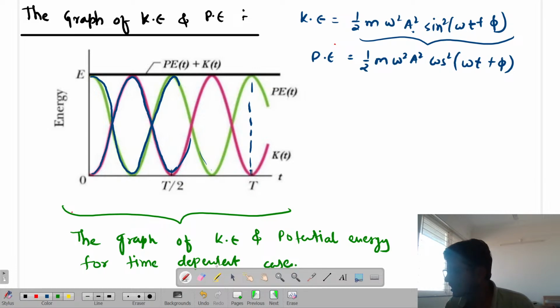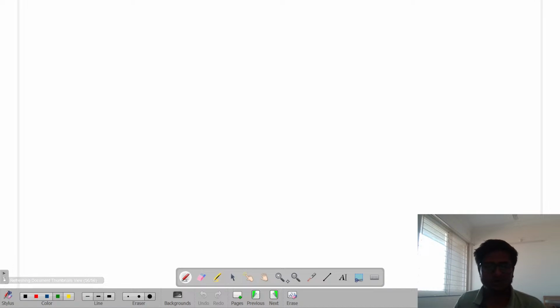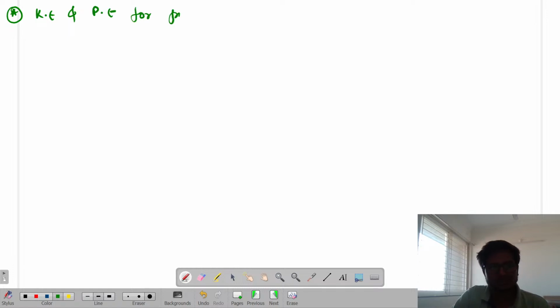But I can have the graph where I can have something called as position dependent also or not. So let's suppose if I just draw the graph of kinetic energy and potential energy for position dependent things. किस केस के लिए? Let us just talk about this graph for the position dependent case.